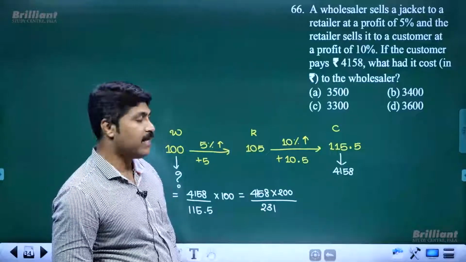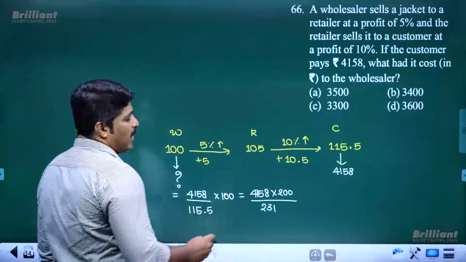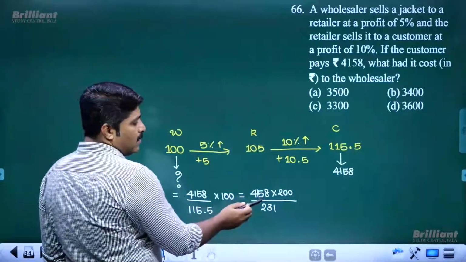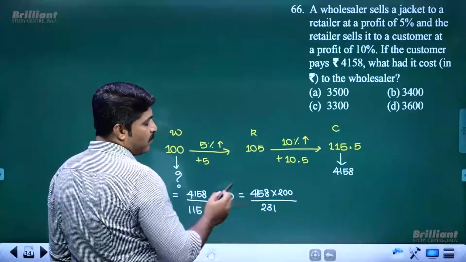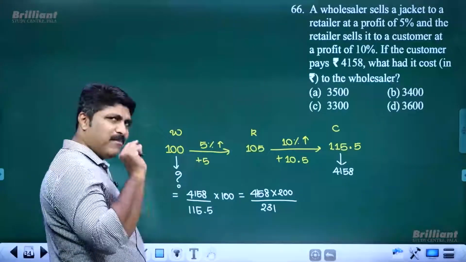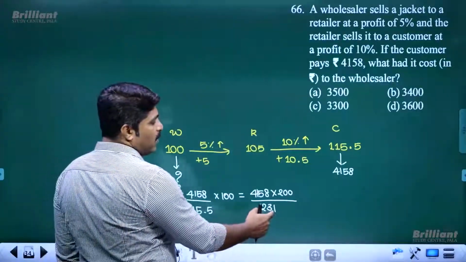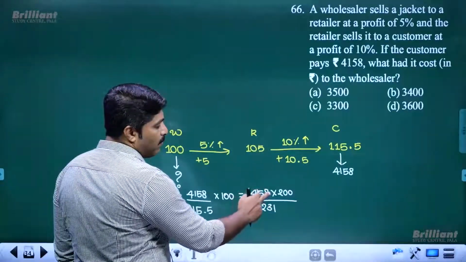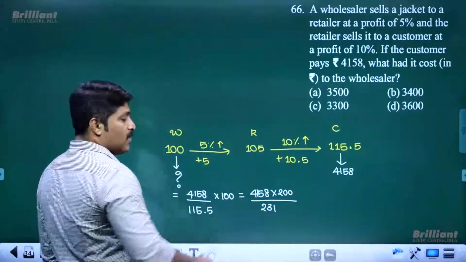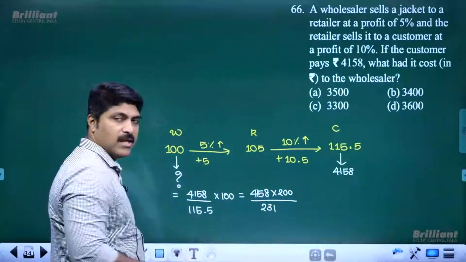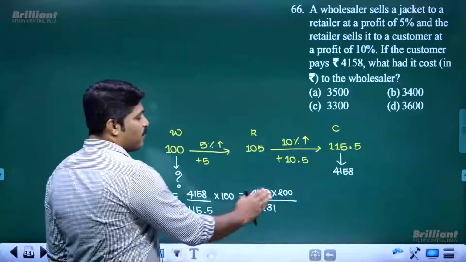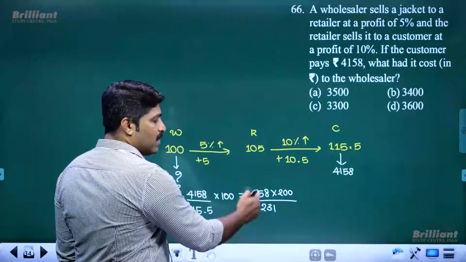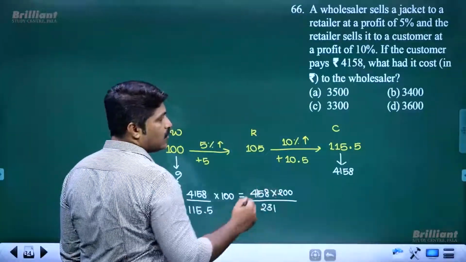Considering these two values, 231 and 4158, observe which value into 1 will reach this 8, because there is no common factor for 200 and 231. So definitely 4158 should be a multiple of 231. Therefore the unit digit of this division is 8. 8 into 2 is equal to 6.